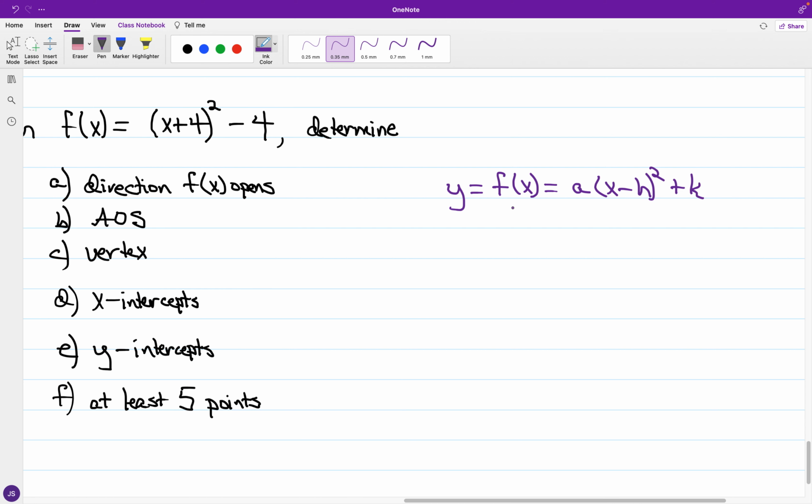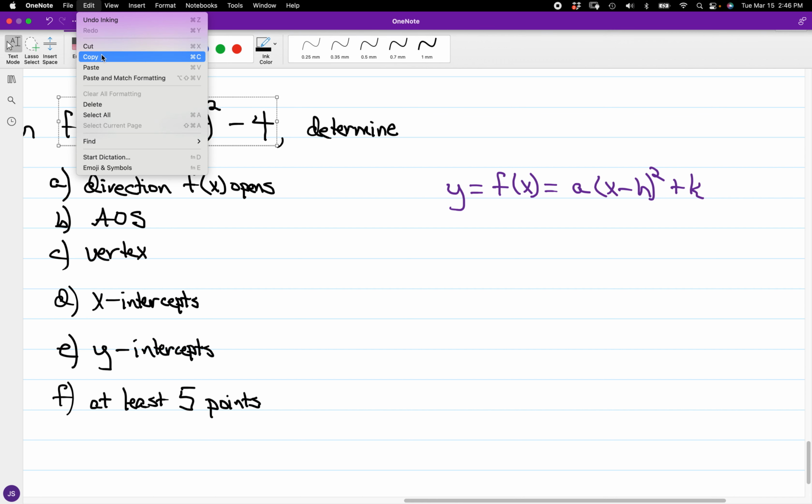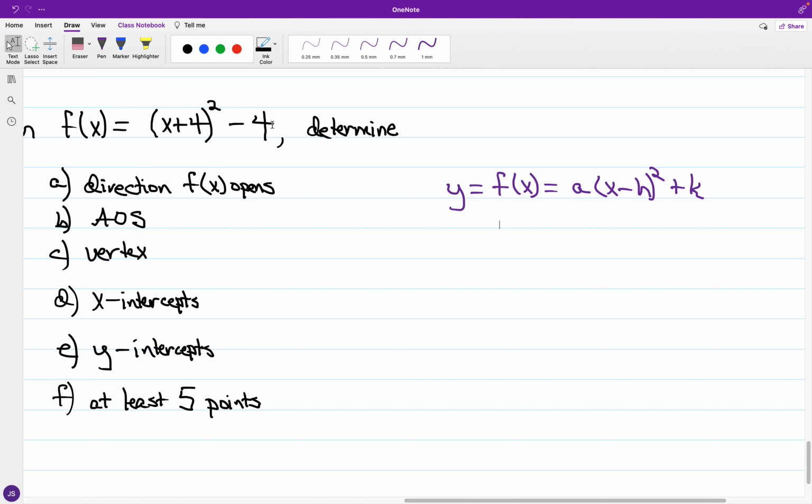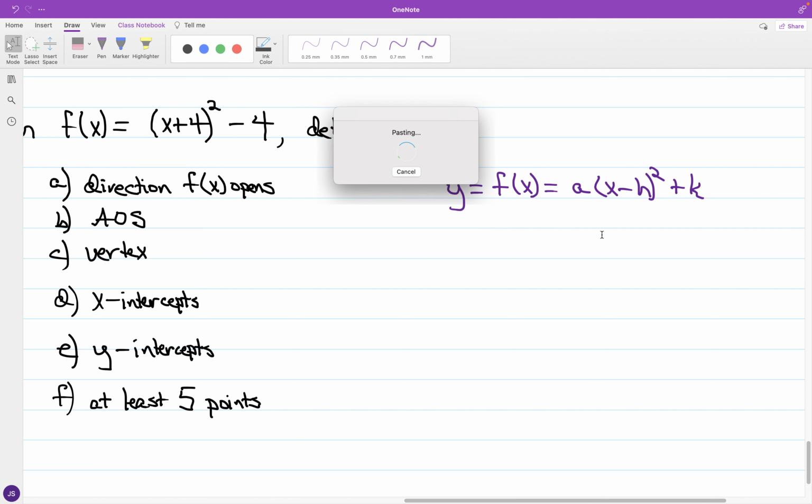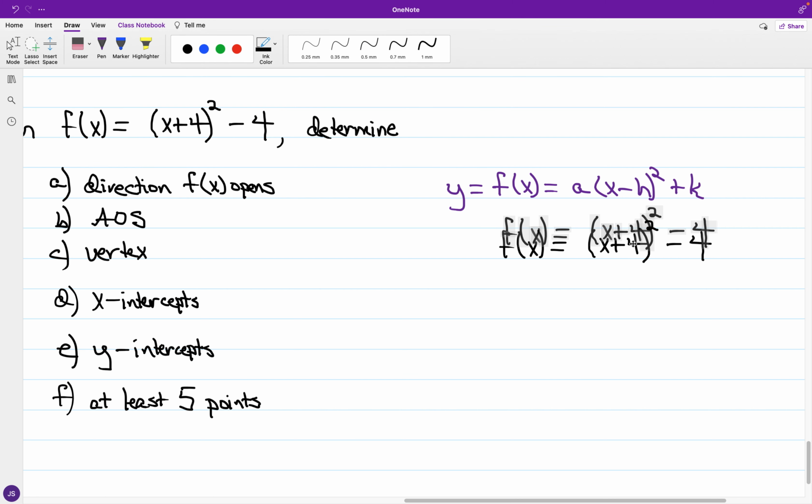So for this quadratic function, a is implicitly 1, kind of like our earlier example.